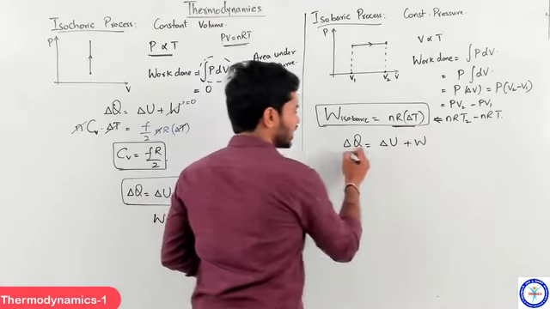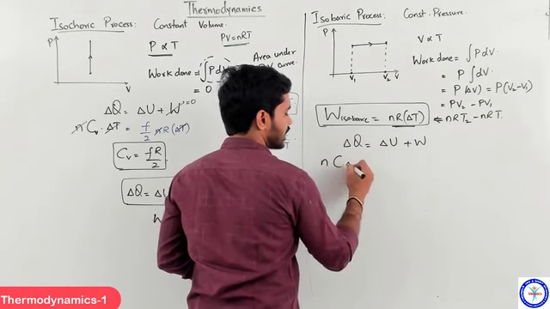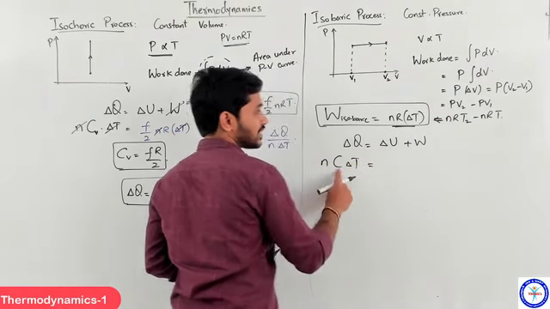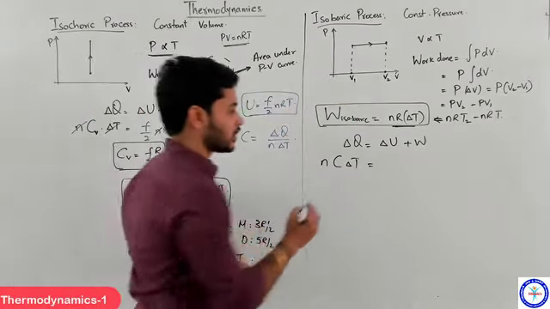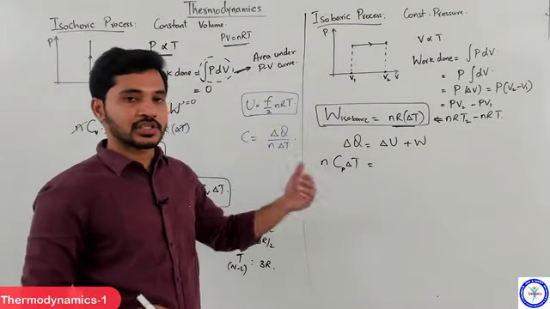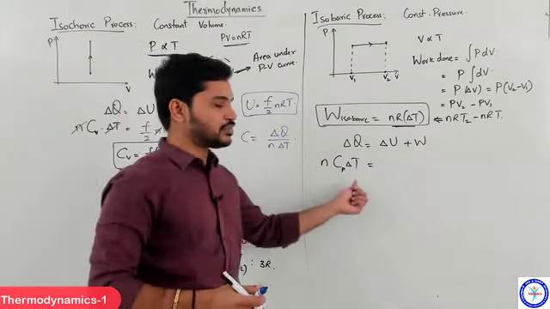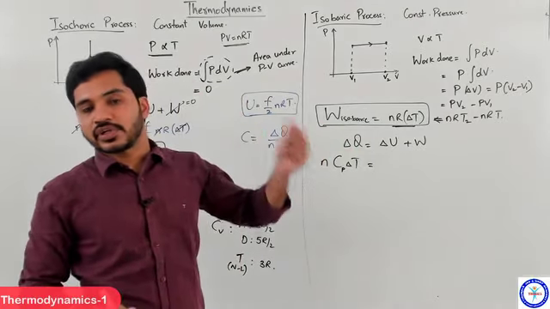So in general we write the value of delta Q as nC delta T, C representing the C of that process, and because this is an isobaric process we represent it with Cp, P representing constant pressure. Clear? nCp delta T is the heat supplied in a constant pressure process.